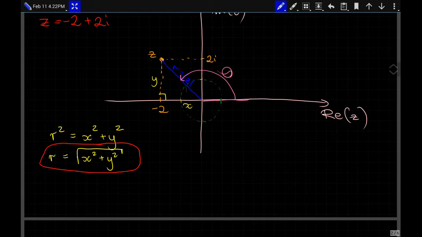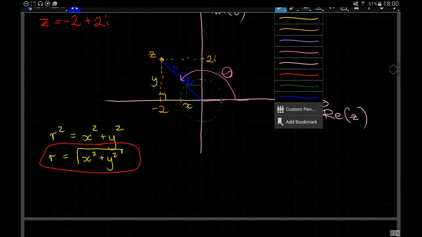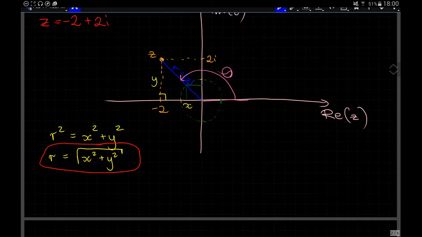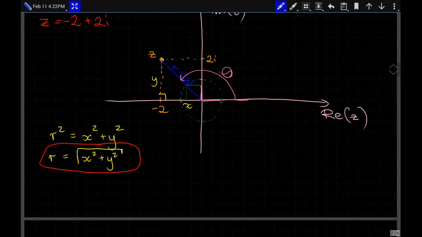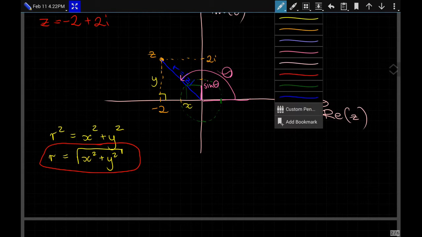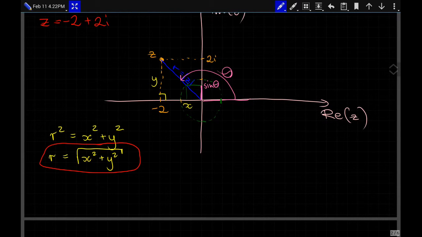And then by definition of sine and cosine, we have that the vertical axis, so this part, is sine of theta, and the horizontal part is the cosine of theta.